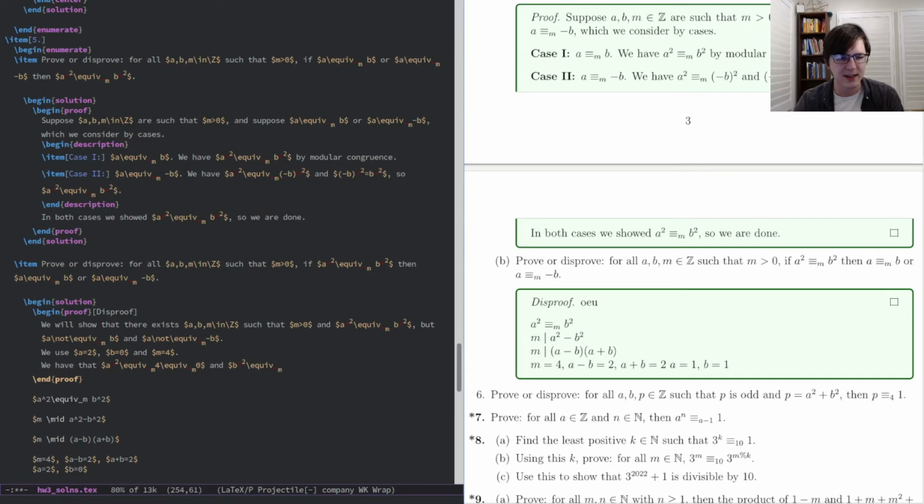So then b squared is equivalent to 0. Okay, that 4 was messing me up for some reason.